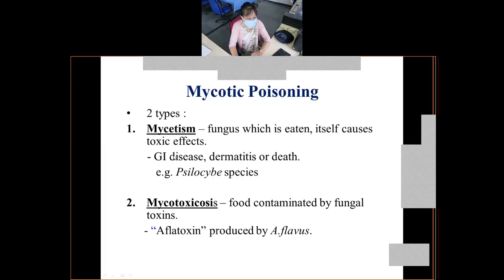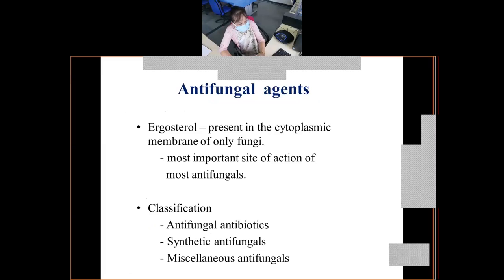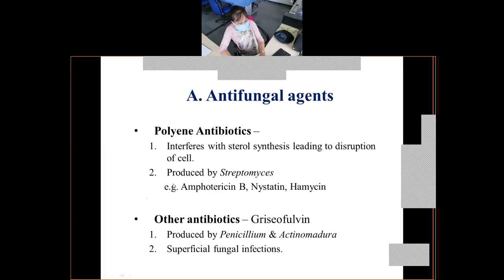It can cause GI diseases, dermatitis, or even some people die because of consumption of mushrooms. Then mycotoxicosis is usually caused by aflatoxin, which is produced by Aspergillus flavus when the food product gets contaminated with this fungus. So these are some of the antifungal agents. We can have a lot of antifungal agents.